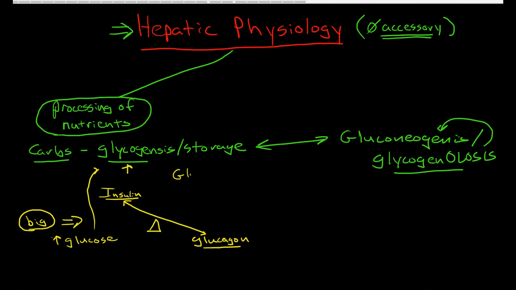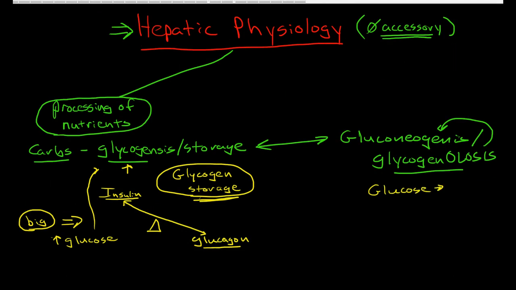Now, glycogen is perfectly suited for storage because it's insoluble. So it's an insoluble form of a simple carbohydrate, and so it is stored in the liver. It is very bad for transport in the bloodstream, because it's easiest to transport in the bloodstream a soluble molecule. So what's a soluble molecule? Glucose. So glucose is for transport, glycogen is for storage.